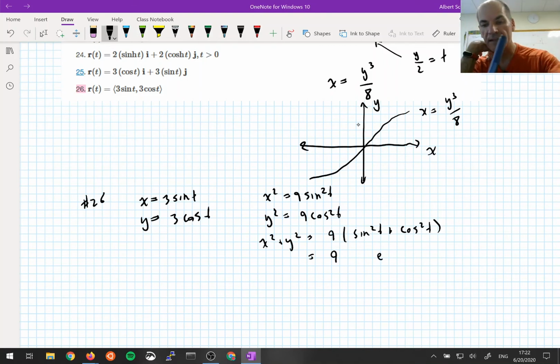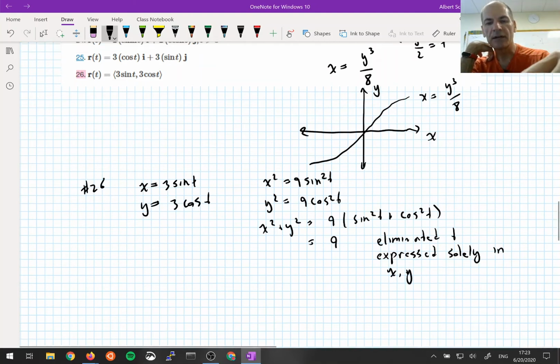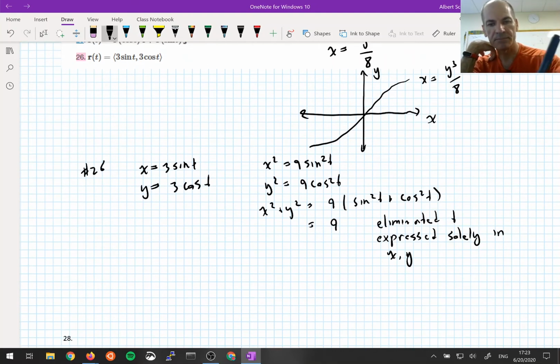I've eliminated t and expressed it solely in x and y. And we recognize this as a circle of radius 3, center origin.